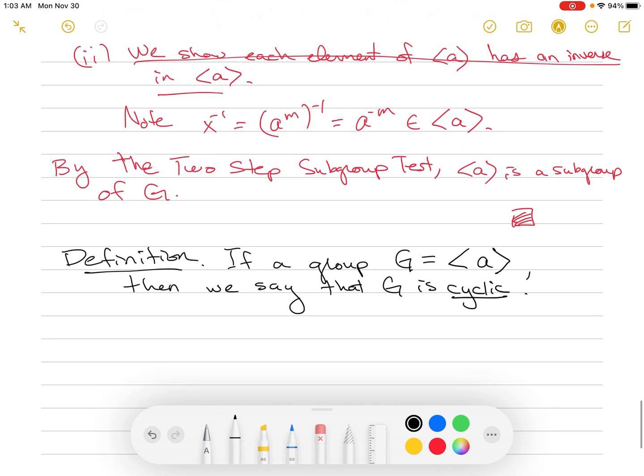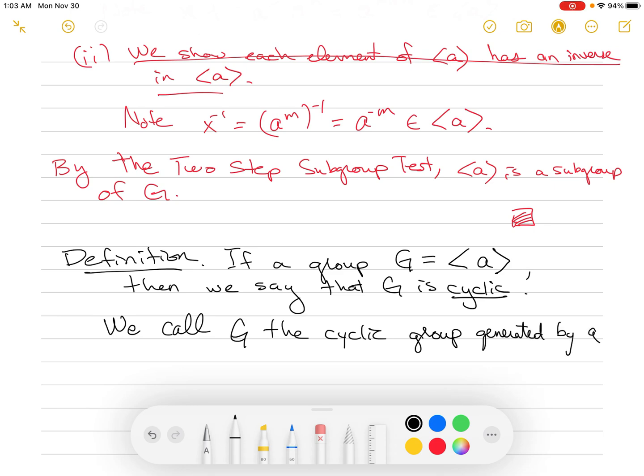Some people say it differently, but cyclic is the most common pronunciation I've heard. So we call G the cyclic group generated by A.